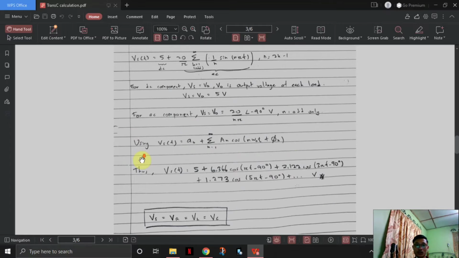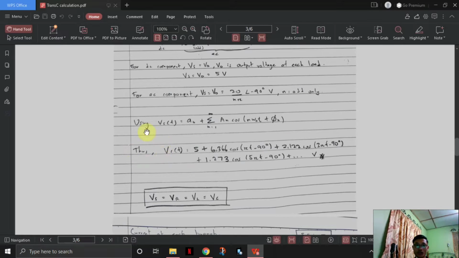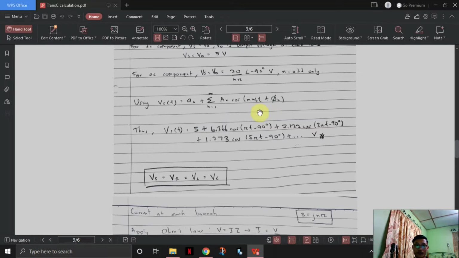So by using those results, we'll get V node plus the total sum from n equal to 1 of a cos n omega naught t plus the angle.